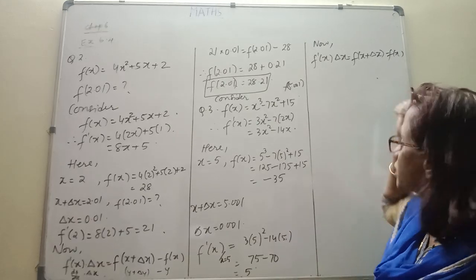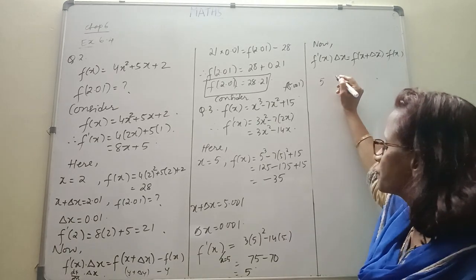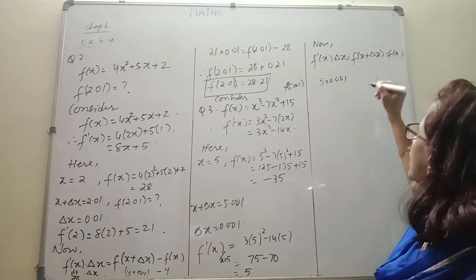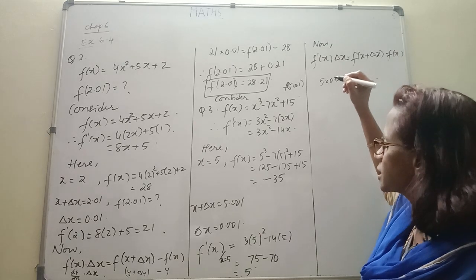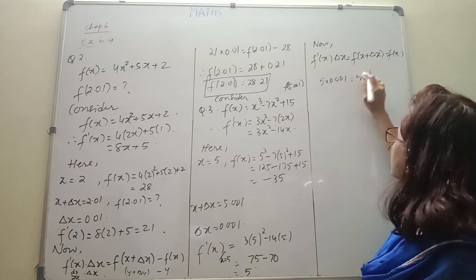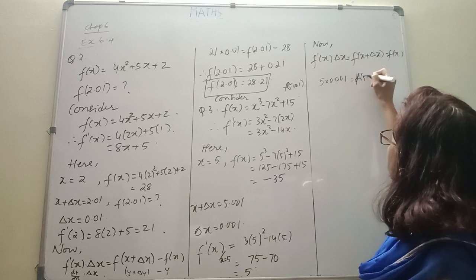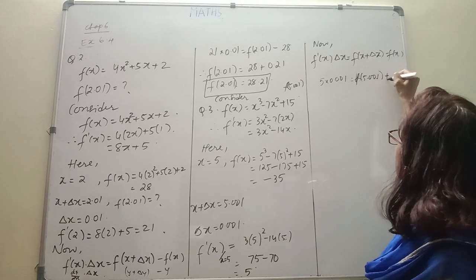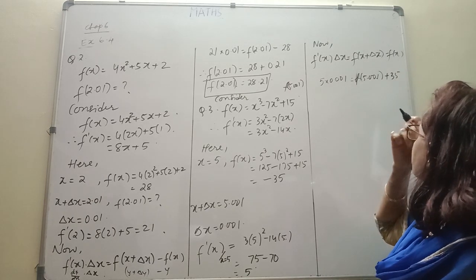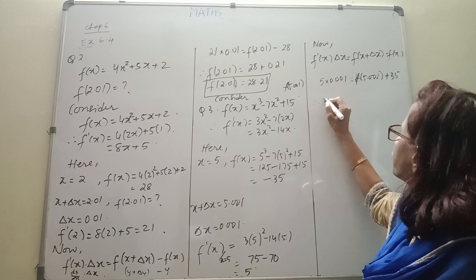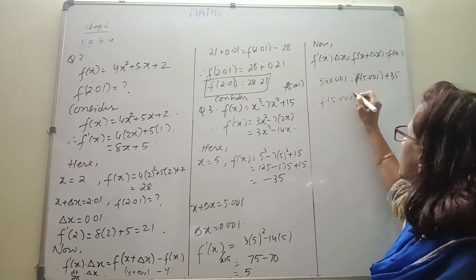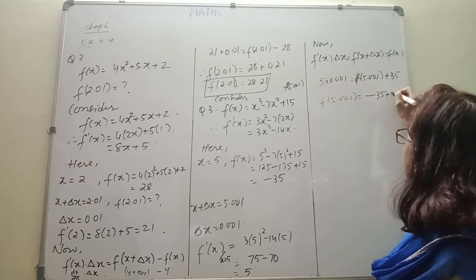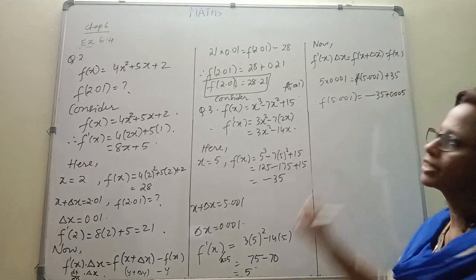So that's 5, and delta x for us it's 0.001, and f of x plus delta x is f of 5.001 that we have to find, and f of x we have found out it's minus 35, so it will become plus 35. Let it come on the other side. You have to find f of 5.001. It's a positive value. When it comes on the other side, it will become negative value, and this is easily multipliable. So it's 0.005. That's it.